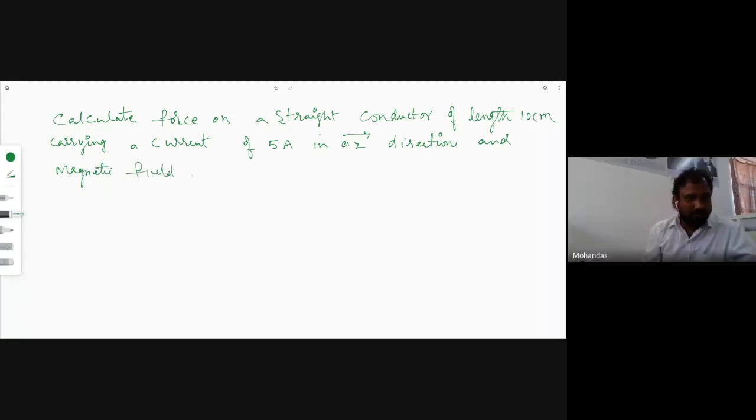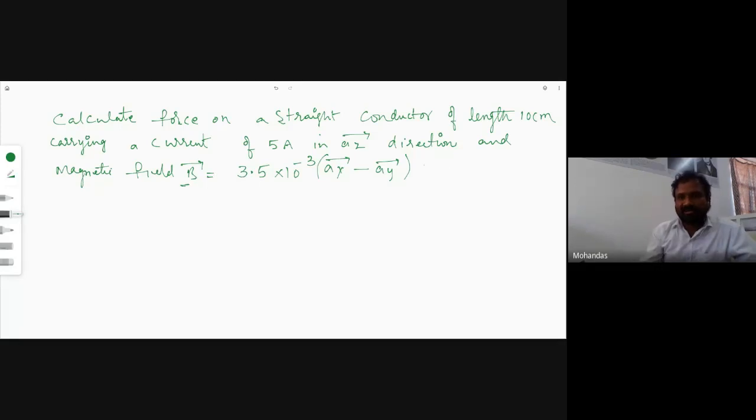And magnetic field B equal to 3.5 into 10 to the power of minus 3 AX minus AY. What are the units of this magnetic field intensity? Tesla.